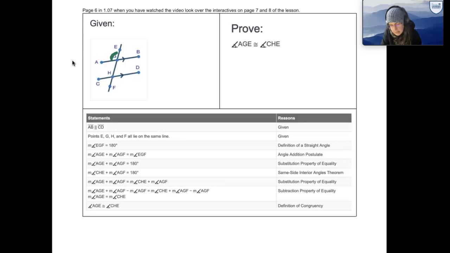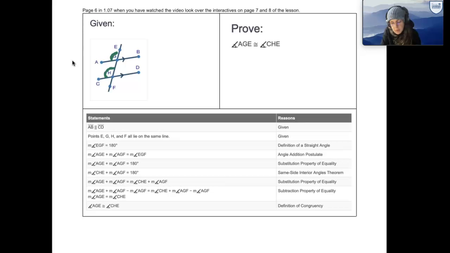It's congruent to CHE. So we know, because we know our angle relationships, why, but we have to prove why that angle relationship works.